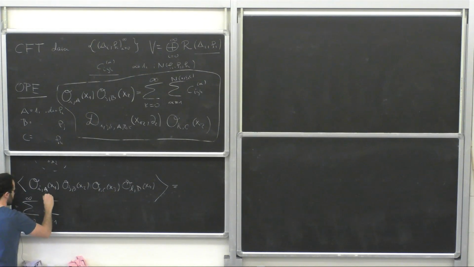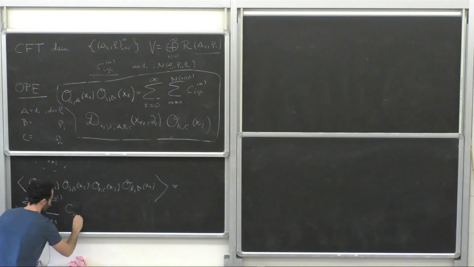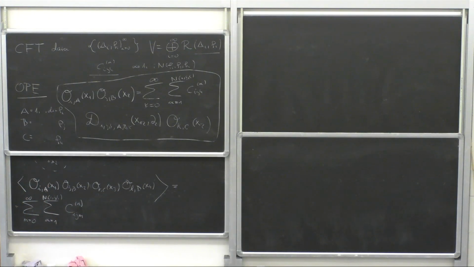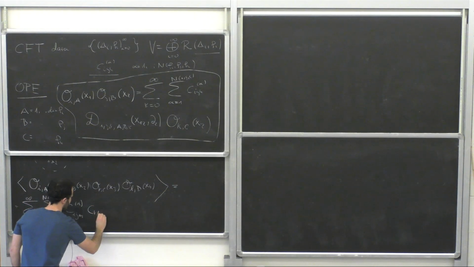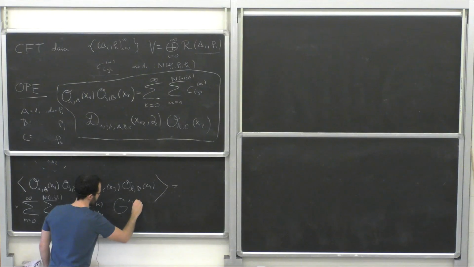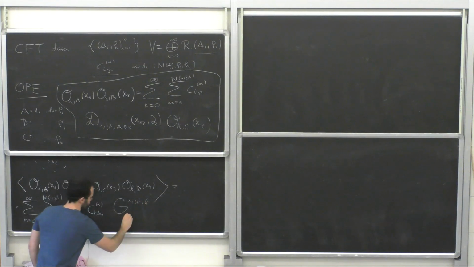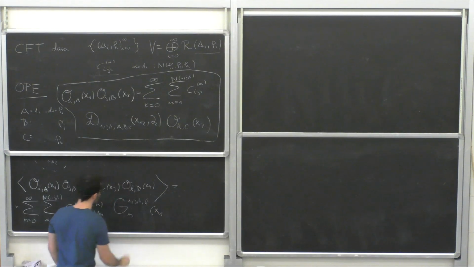So now alpha runs over the structures for I, J, M, and we have C_IJM, C_KLM, the corresponding structure here, times an object, which is the conformal block, which depends on representations I, J, K, and L, on the representation M, and well, I suppose it also depends on the indices.